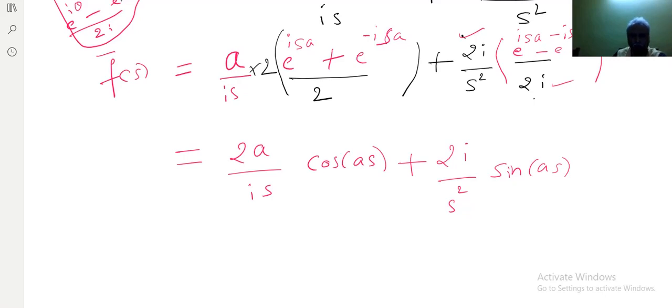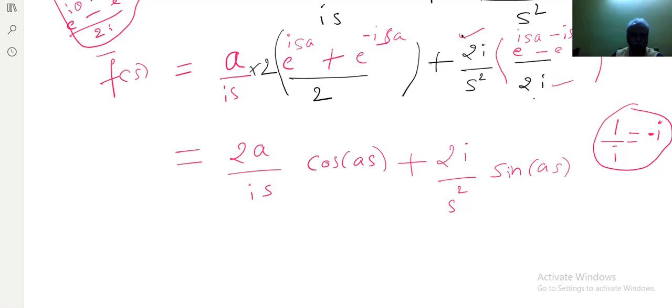Now if at all I want to make it very similar, with this i, if I take it up in the numerator, 1 upon i becomes minus i. So remember this, because i square is minus 1. That's why 1 upon i is minus i. So I can bring it up and write minus i. And this s square, if at all I want to bring here also, multiply and divide by s square.